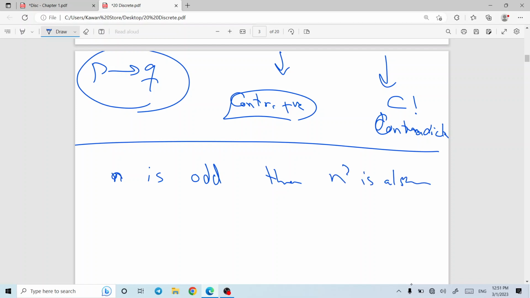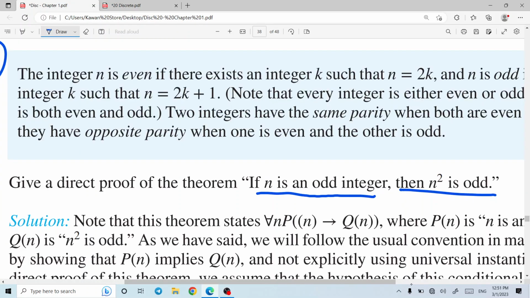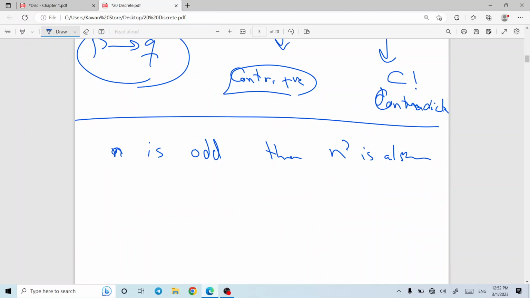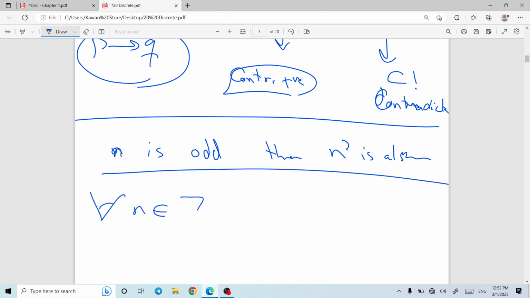And n is what? Look at the example kindly: odd integer. So how do I change that one? I say for all n in the integers. It's a quantifier, which means that it is 100% true. If you have one counterexample, give it to me. We haven't.